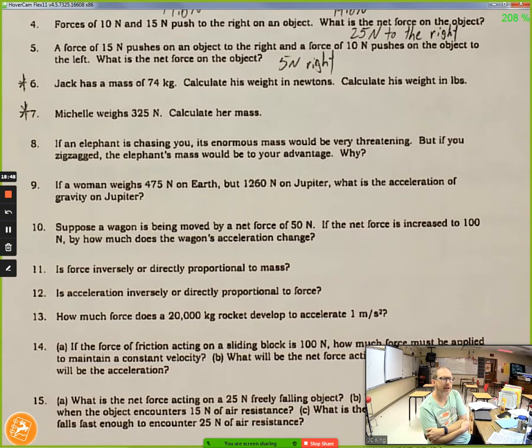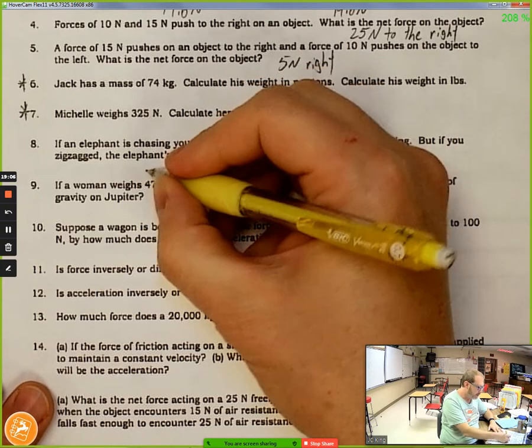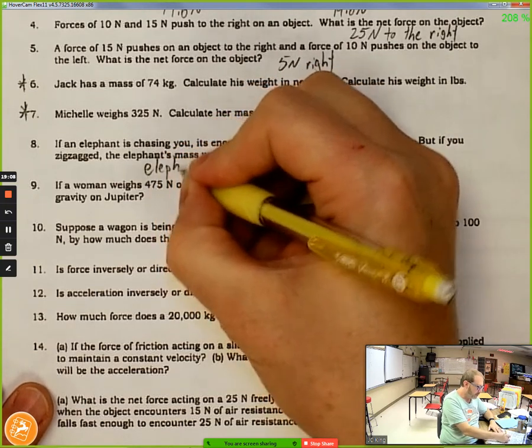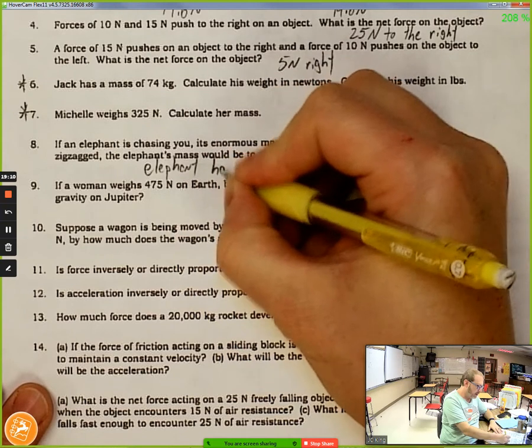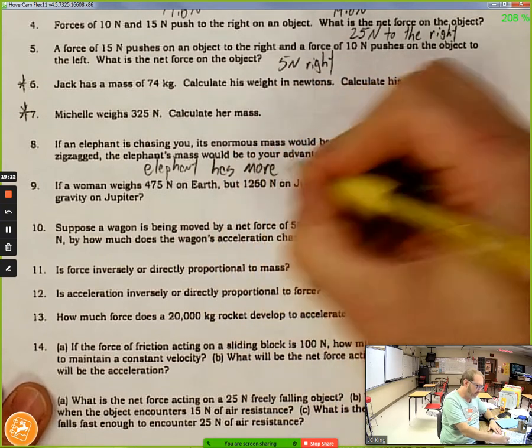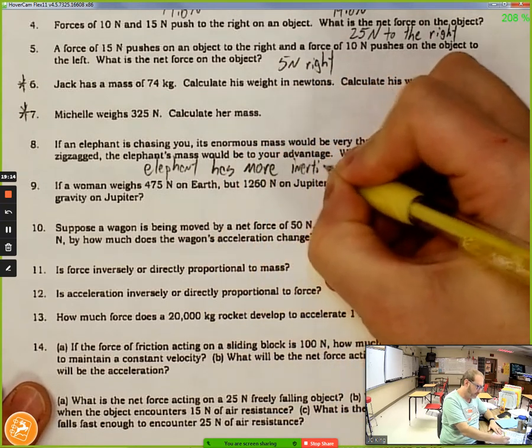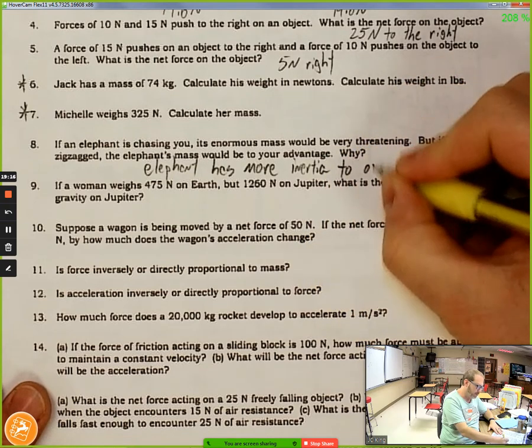It's going to take a lot more force applied in order to overcome that. And then it's going to take a lot more force to get it moving again in a different direction. Okay, so if I wanted to phrase that in a few words, I might say that an elephant has more inertia to overcome.